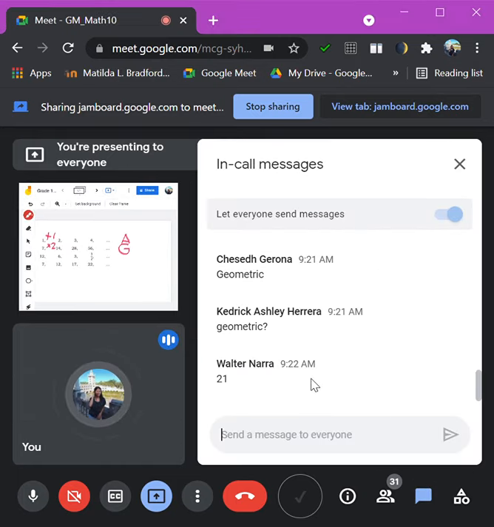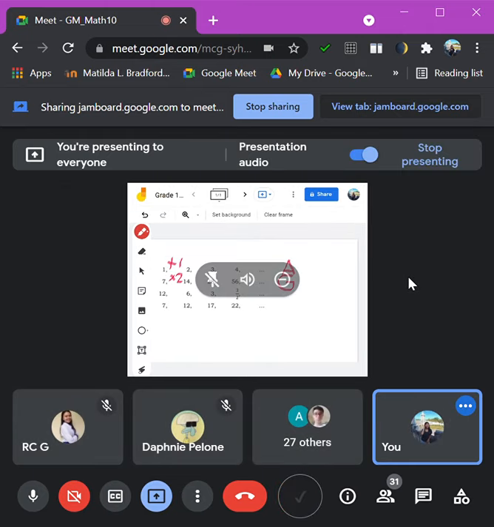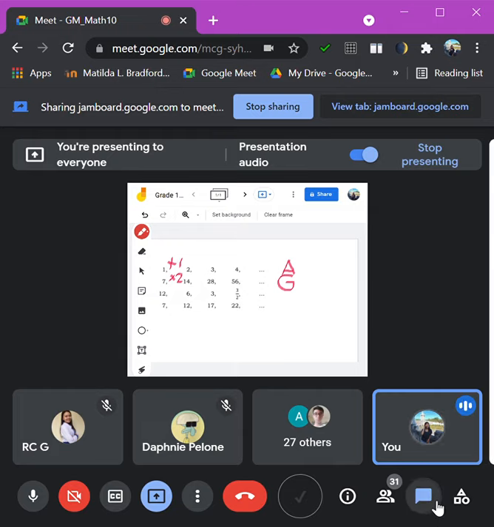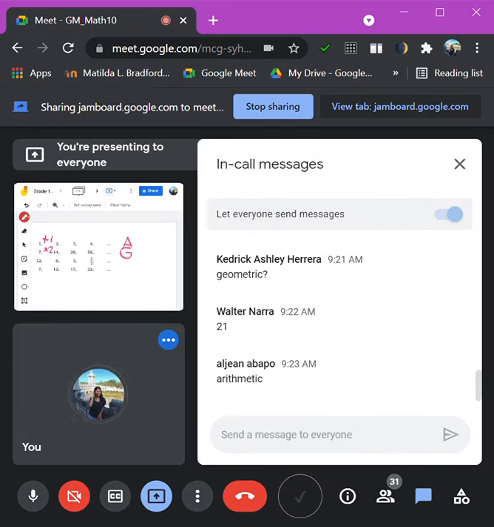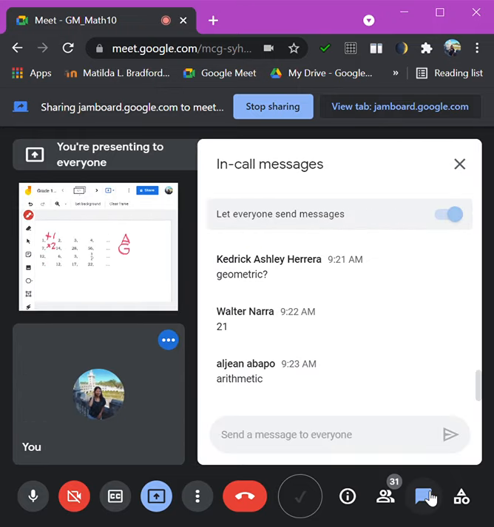Ayaw karatol ha, kabaw kog na ay fraction. Ayaw lang karatol. Okay, na arithmetic diri sa ubos. Sige, tan-awon lang nato closely ang pattern.